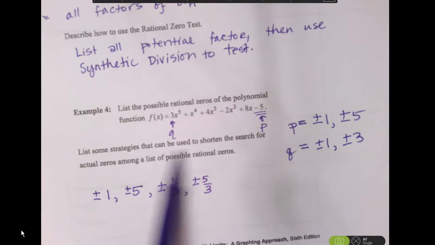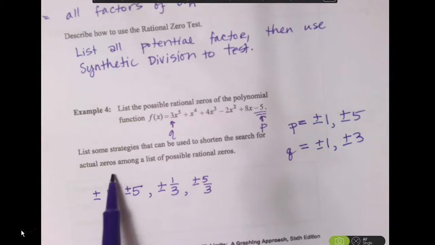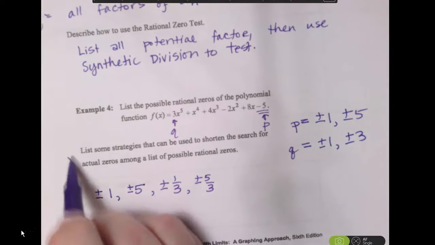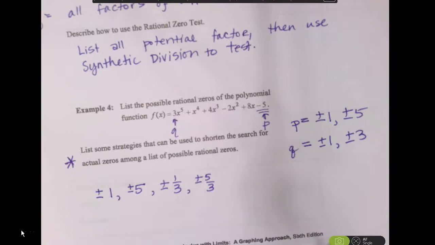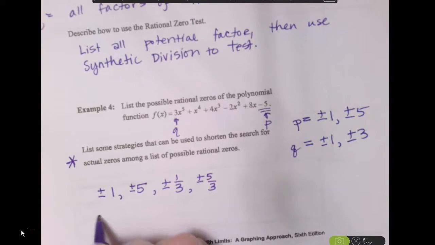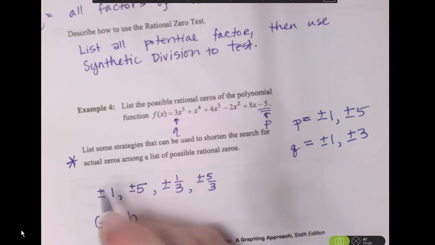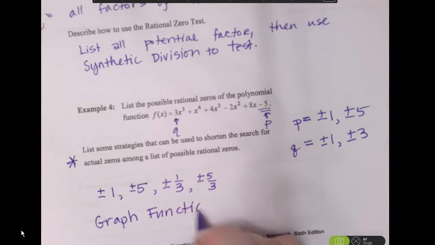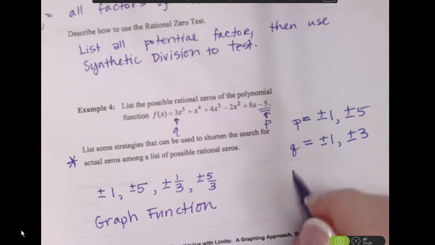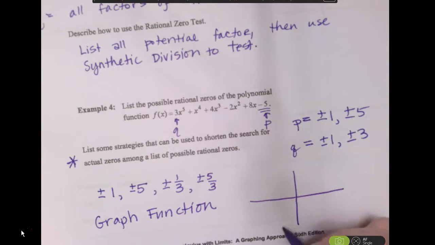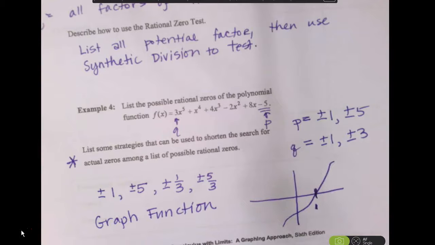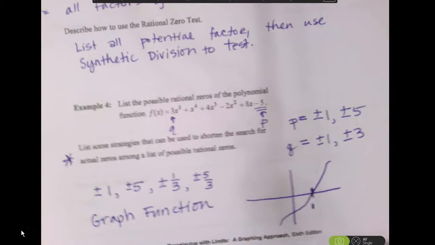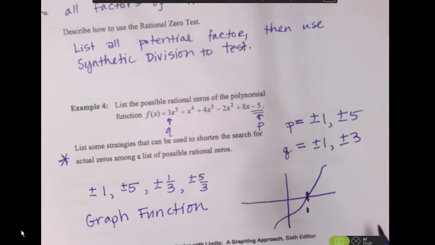So list some strategies that can be used to shorten the search for actual zeros. So if you are doing these problems and you're on a calculator available portion of the test, you're going to graph that function. And if you graph the function and you see that it crosses at x equals 1, then you're going to say, oh gee, 1 is probably a zero of my function, and that's going to be the first one that you pick.